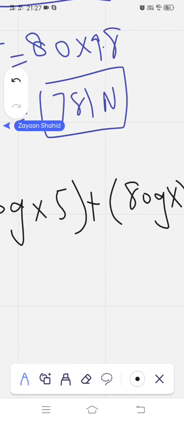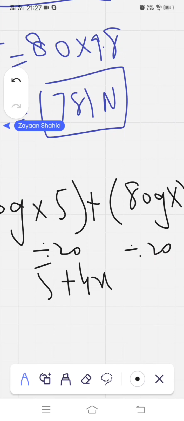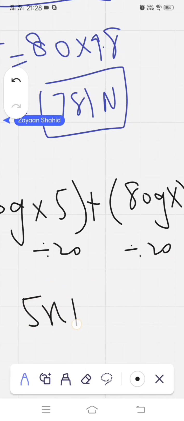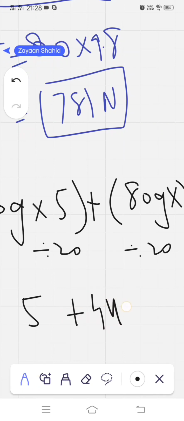Now we can resolve this. It is 5 plus 4x when we divide by 20 on both sides, and 5 plus 4x is equal to 7.5.